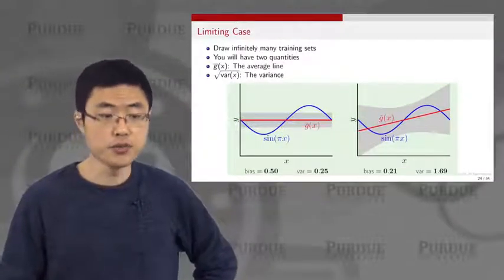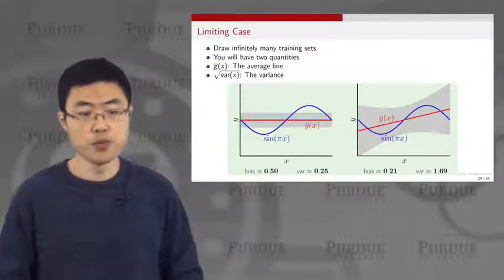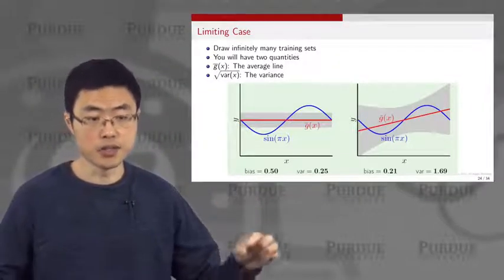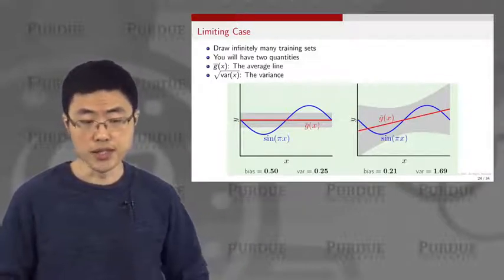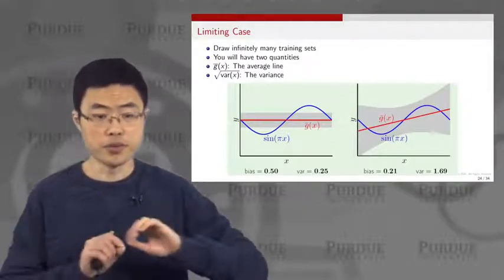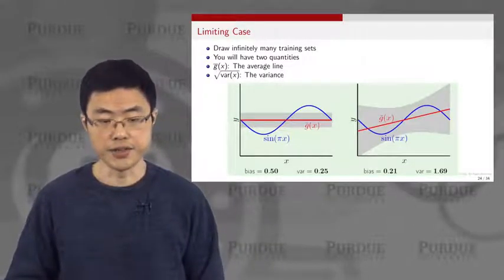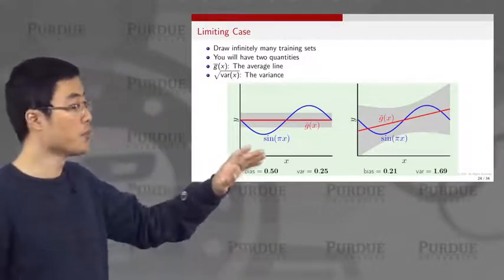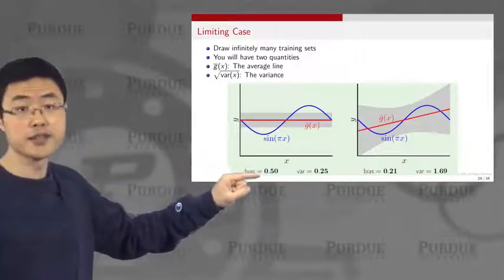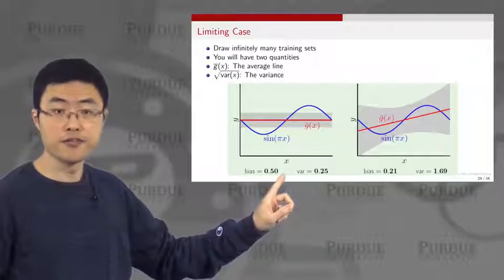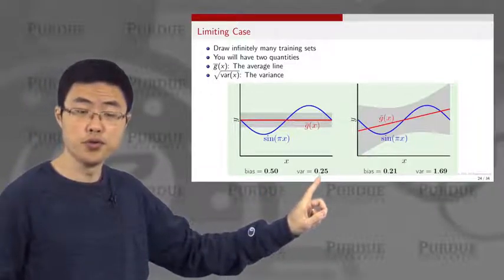Now, in fact, if you calculate with infinitely many training data sets, you have 2 quantities. You will have the red curve, and you also have the variance of the x. Now, in these 2 examples, you can see that the bias of the first example is 0.5, and the variance is 0.25.